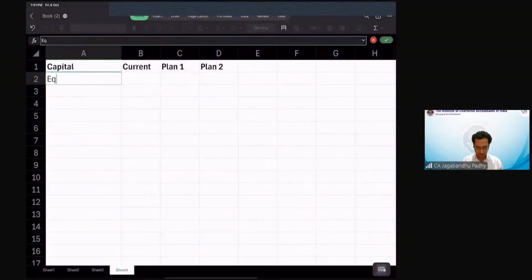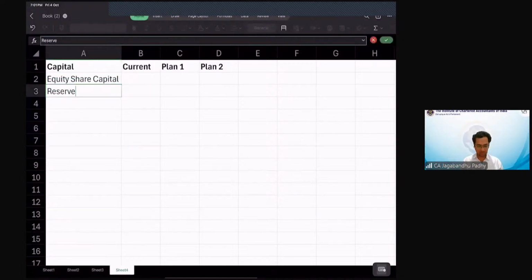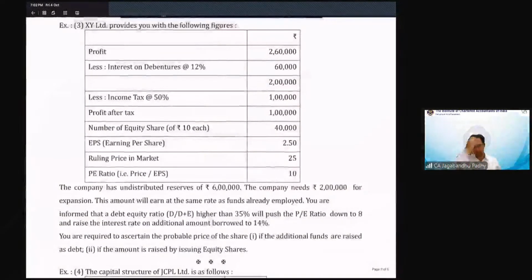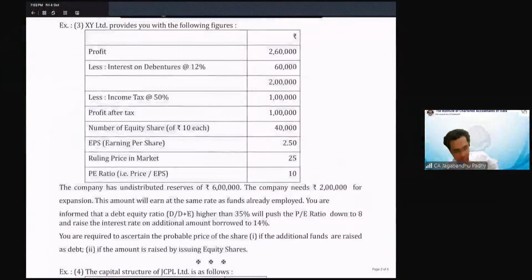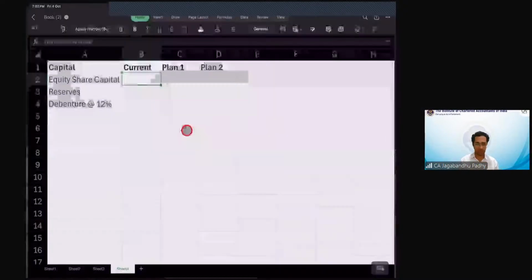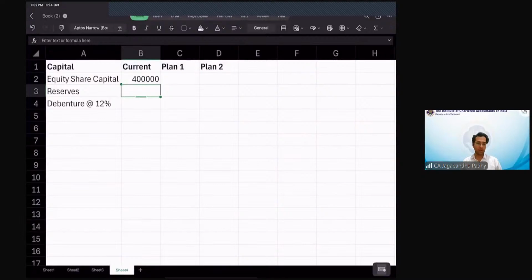Current capital: equity share capital, then we have the reserves, and then debentures at the rate of 12%. What will be the equity share capital? It is 40,000 shares at a price of rupees 10 each, so that will be 4 lakh.